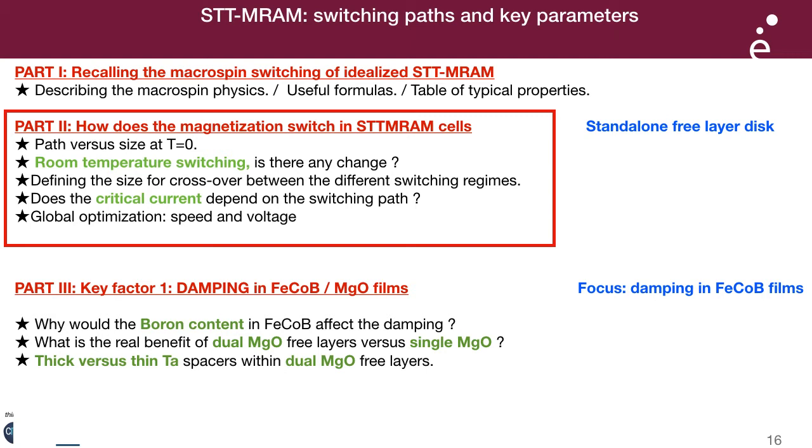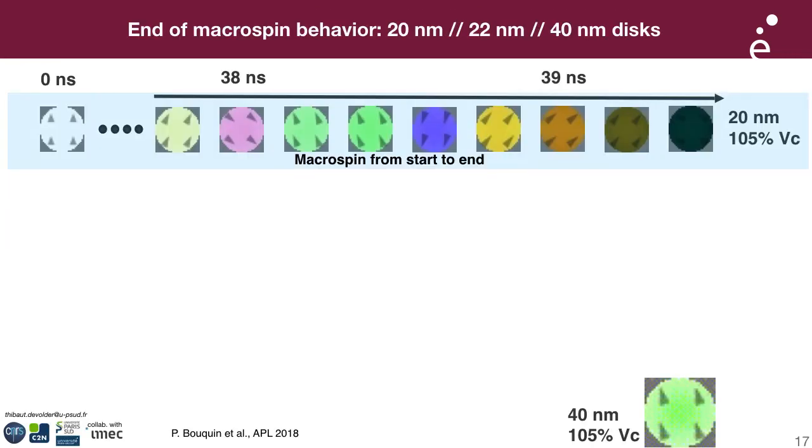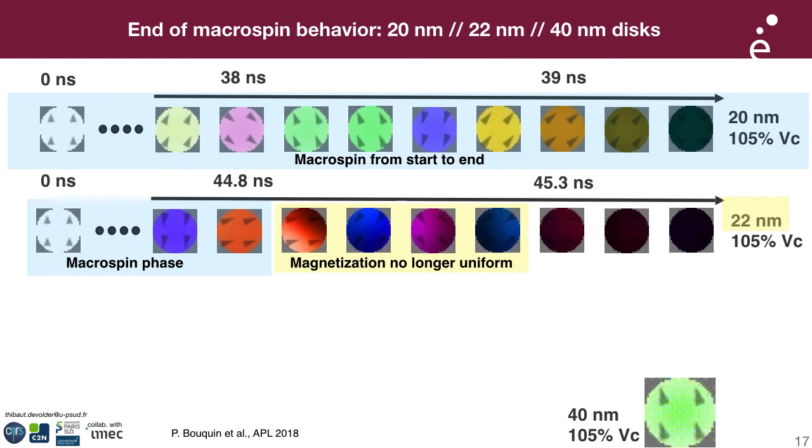Now I will come to the more realistic systems, which are the STT-MRAM cells. Previously we calculated the magnetization dynamics for a 20 nanometer junction, and the magnetization was coherent from the start to the end. If you make the junction slightly larger, so 22 nanometer, then you see that during the switching the magnetization gets no longer uniform.